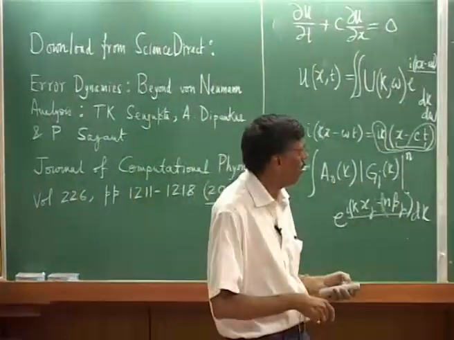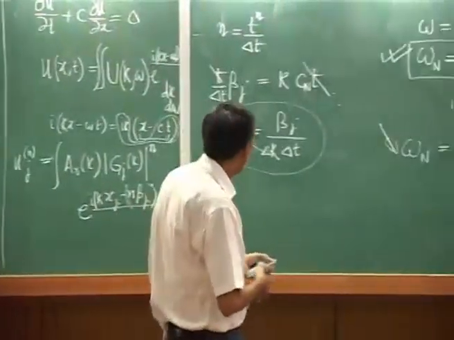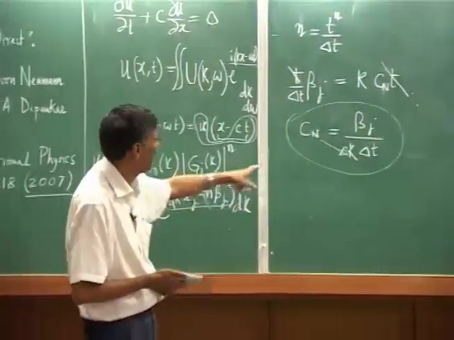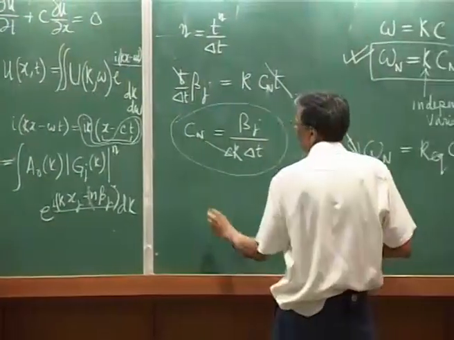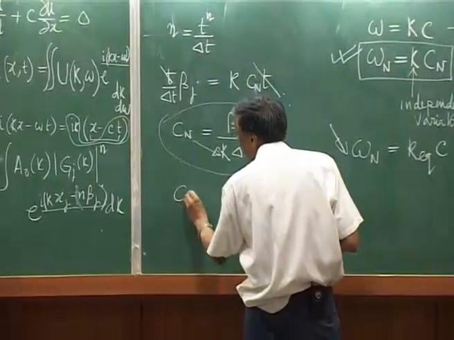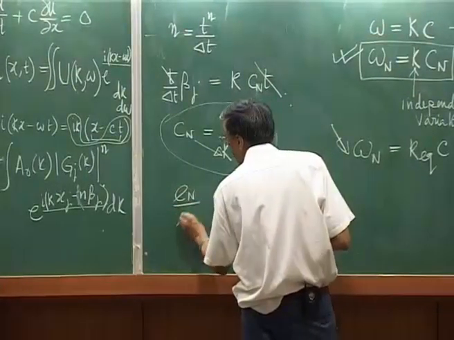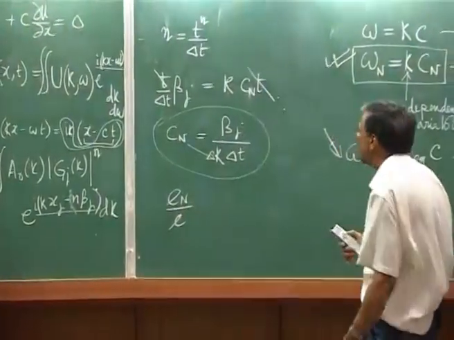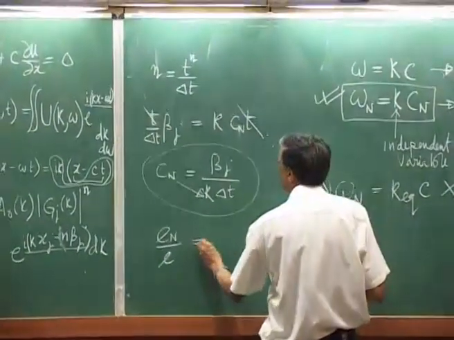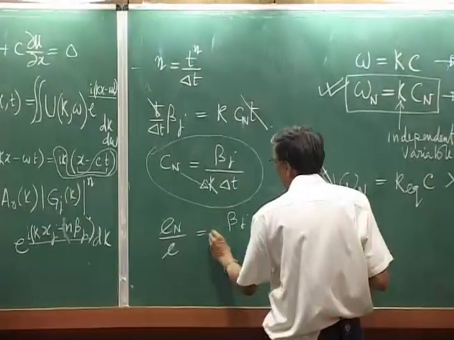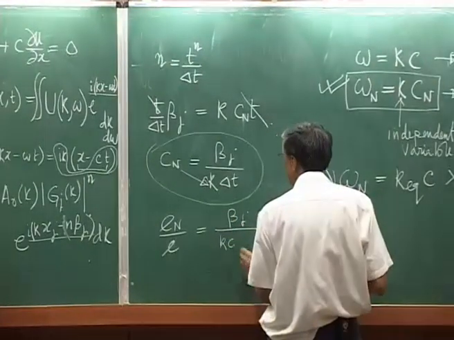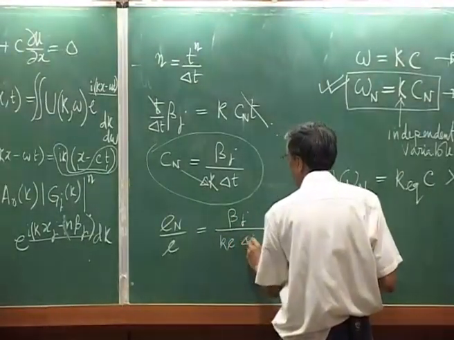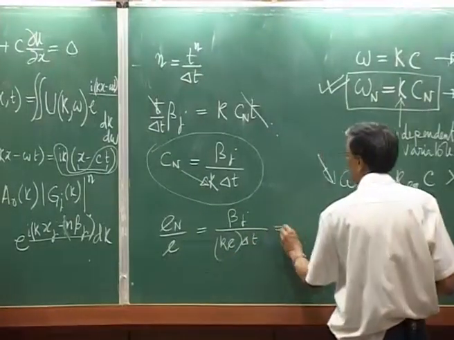What we notice out of all this exercise is that I have gotten an expression for C n. So, I could define a non-dimensional quantity, which I will call C n by C, and so that would be beta j over k c into delta t, and k c is omega, right.